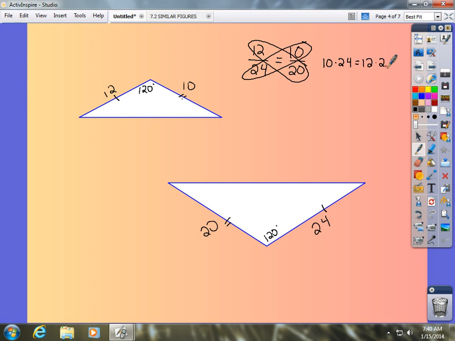And guess what? They both equal 240. So the sides are proportional, but it also has to have the included angle, which means the angle between those two sides. And on both of these, it's the same. So this is called the side-angle-side similarity. And y'all know this. This is easy stuff.